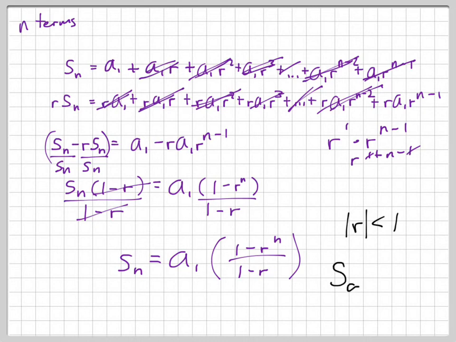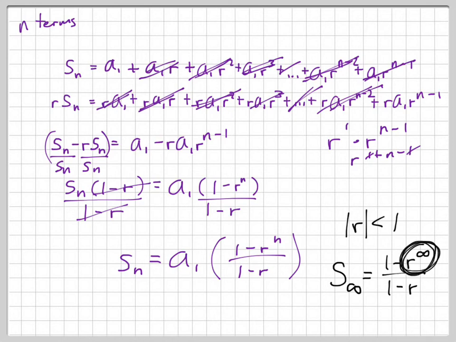If you had an infinite number of terms, what would this n be? That would be infinity, right? And then on the bottom, I have 1 minus r. Okay, what's going to happen to that?